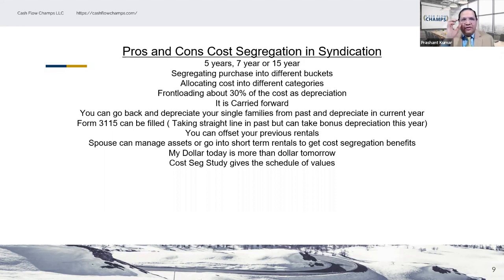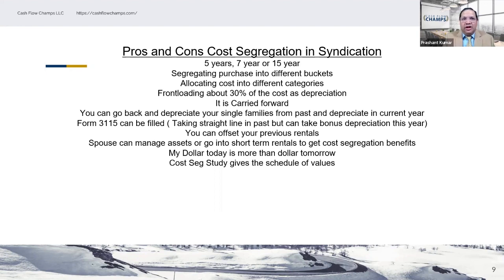Again, every property is different, and it depends on whether the property is making income or not. In the new construction world, it doesn't work exactly the same way, because new construction takes some time, and it's only when the property is operational that this depreciation can be applied in the year.